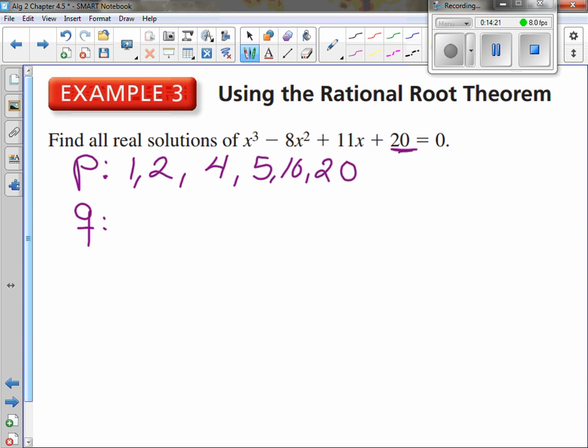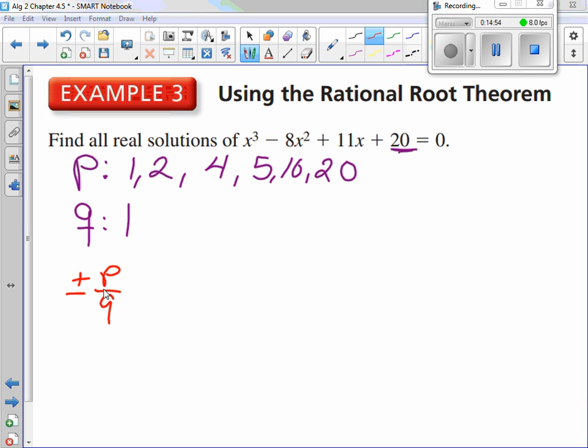Now q is what? The factors of the leading coefficient, the term in front of the variable with the biggest power. Well, what's that number? Okay, I've listed all the factors of 1. Now, we said all the possible rational zeros come in the form of plus or minus p over q.